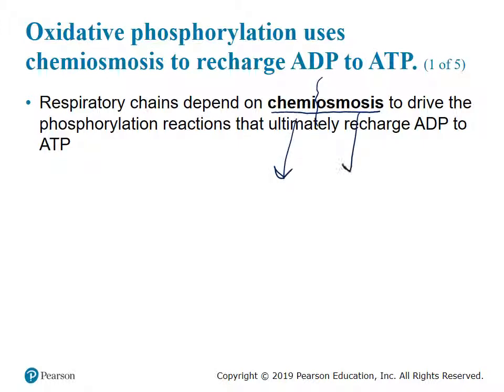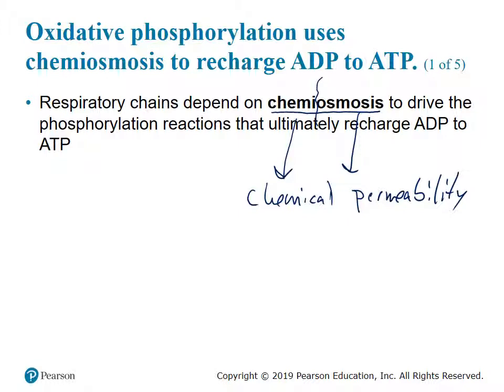Chemi means chemical, or chemistry, and osmosis means permeability, or allowing things to go through. Osmosis is the movement of certain things from one area to another through a semi-permeable membrane.